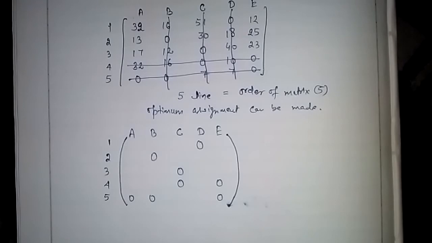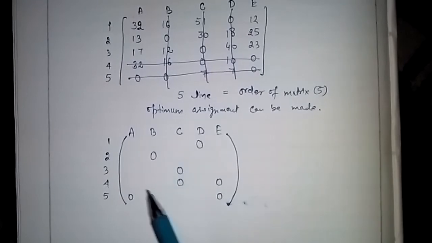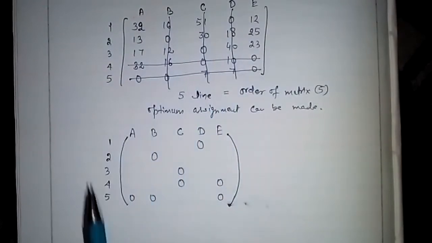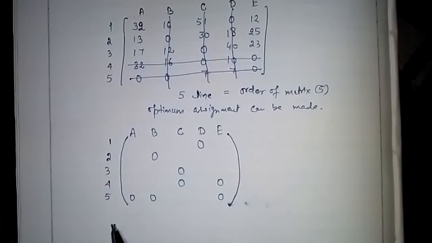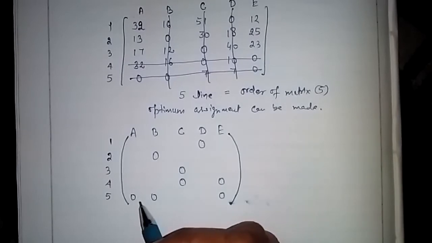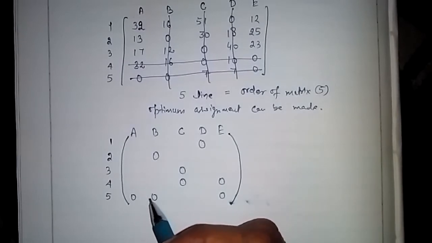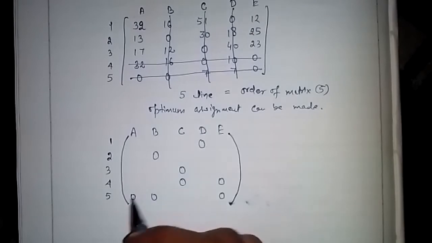So now to make optimum assignments, we'll include all the zeros from this matrix and we leave all the non-zero elements. Now to make the optimum assignment, we'll look for the column or the row which contains exactly 1 zero.